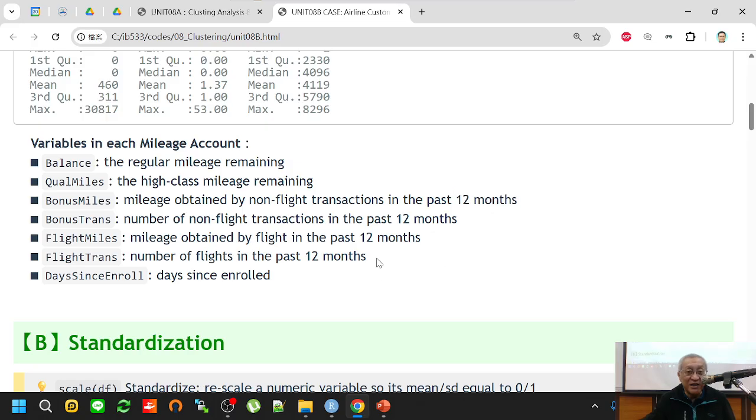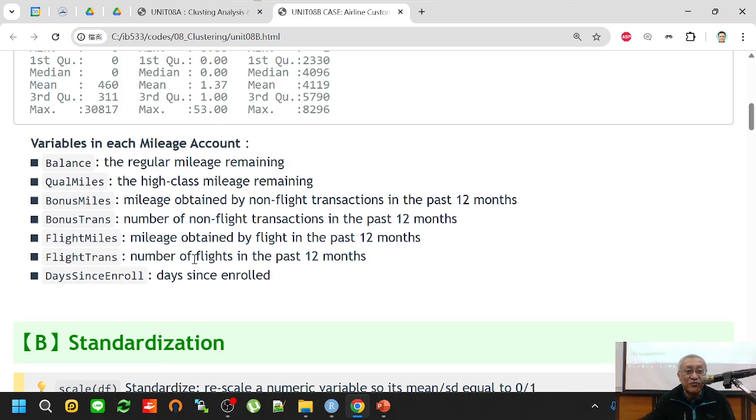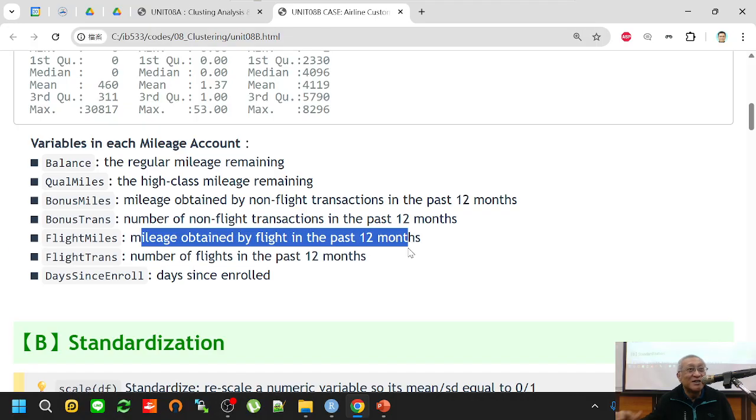And this is the actual fly mileage and fly transactions: the number of times you fly with this airline, and also the mileage obtained in the actual flights.